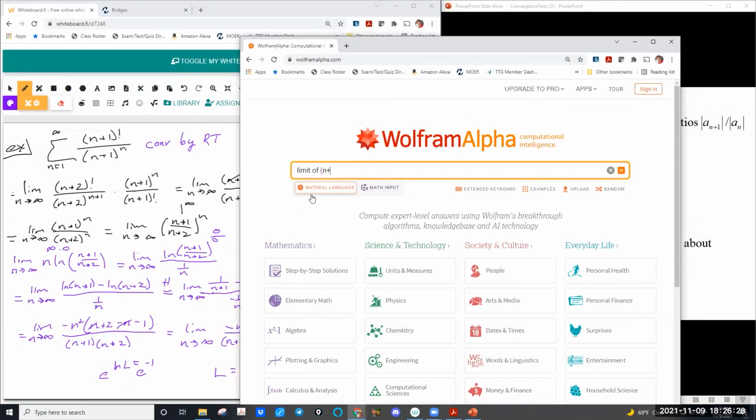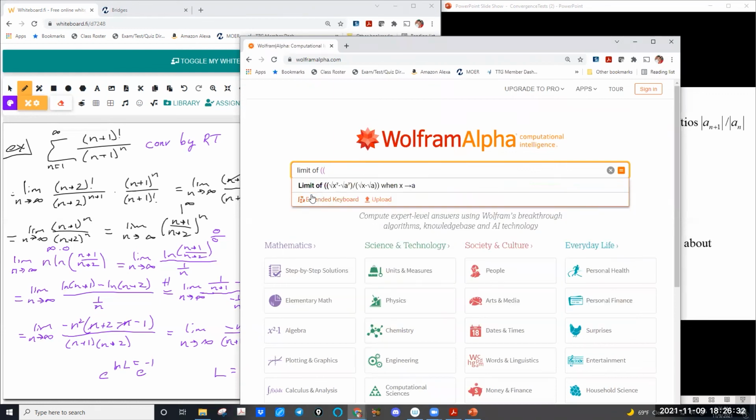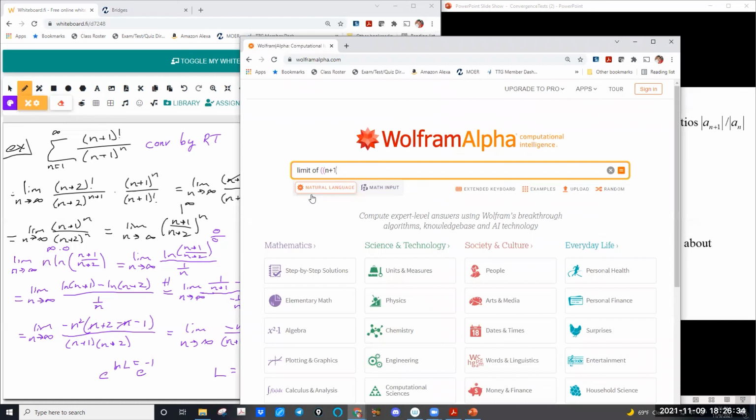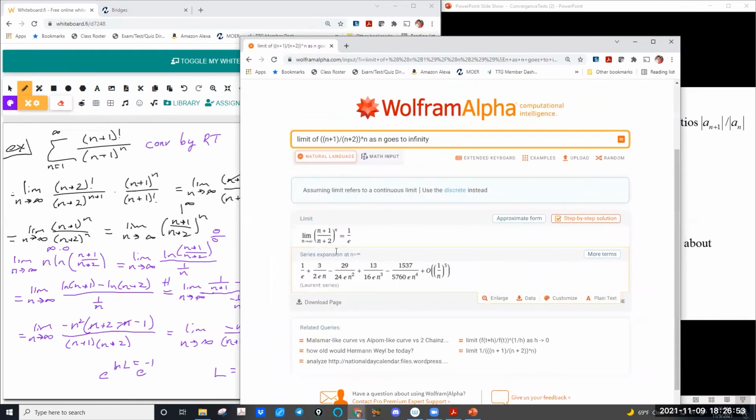So let's go with that. n plus 1, so 2 sets of parentheses. n plus 1 by n plus 2, n plus 2 to the n as n goes to infinity. And there is our limit of 1 over e.